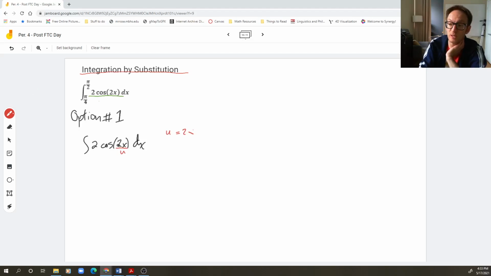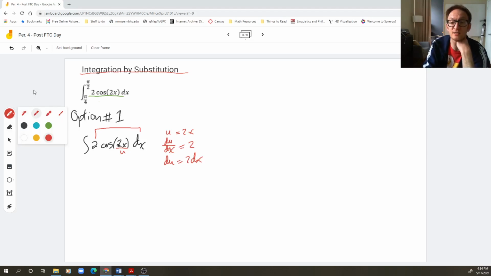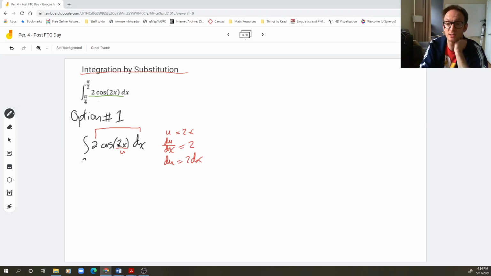So if I let u be 2x, then I differentiate both sides, and du dx is 2, and therefore du equals 2 dx. And the 2 dx is actually just sitting right there already, so everything is more or less just perfect as is. Therefore, returning to this problem, I convert everything to u's, and I see that this is just the antiderivative of cosine u du.